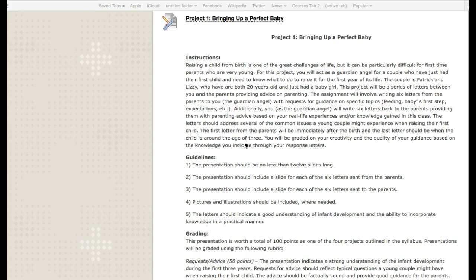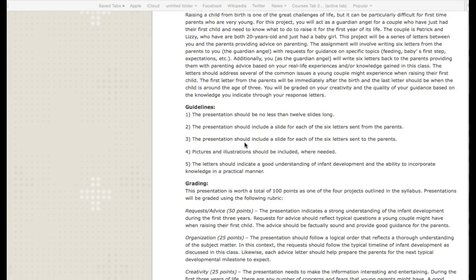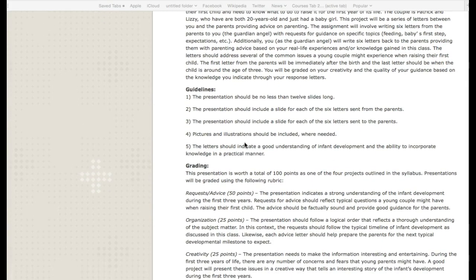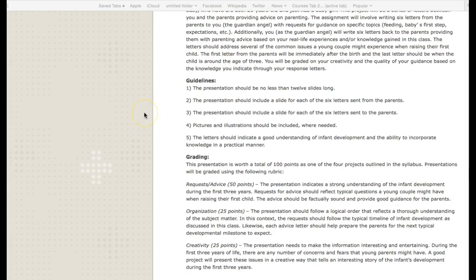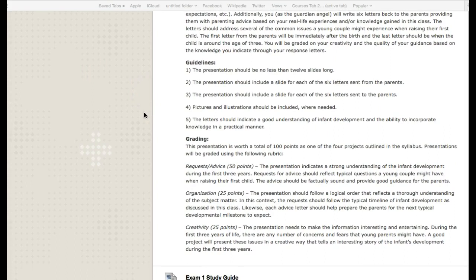And you'll find out more information once you actually click on this link, and it'll give you some more information. The presentation should include a slide for each of the 6 letters sent to the parents. Additionally, pictures and illustrations should be included, and the letters should indicate a good understanding of infant development and the ability to incorporate knowledge in a practical manner.